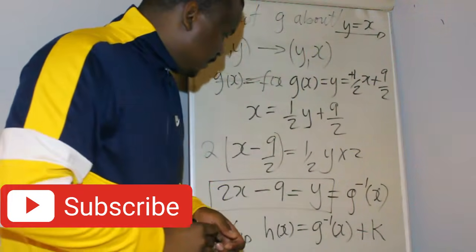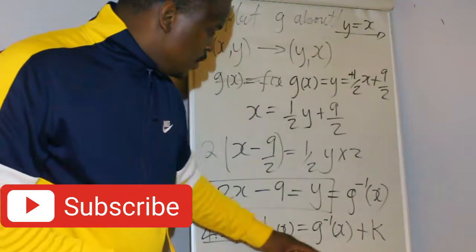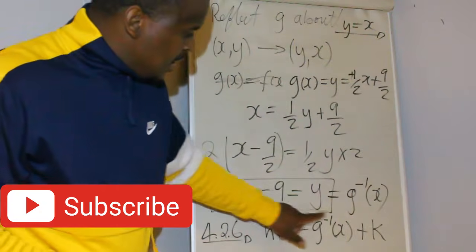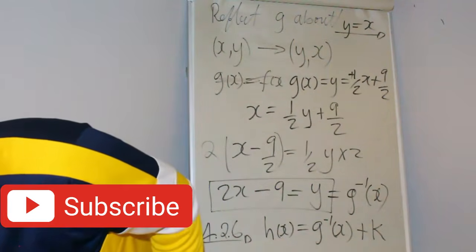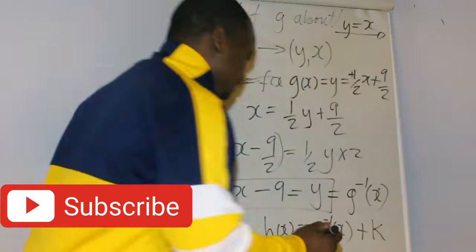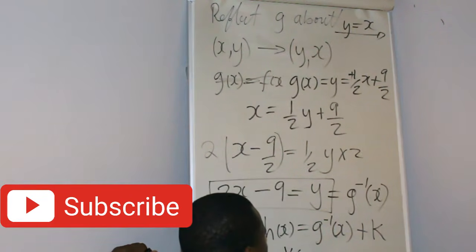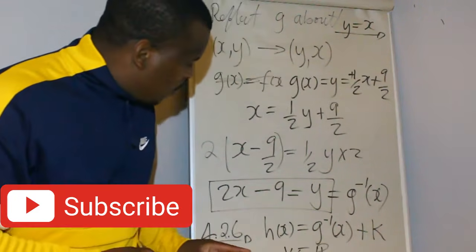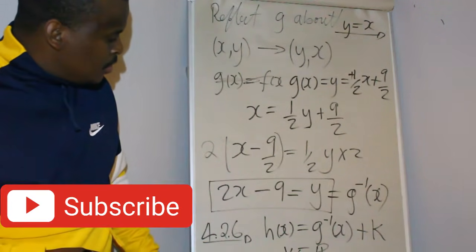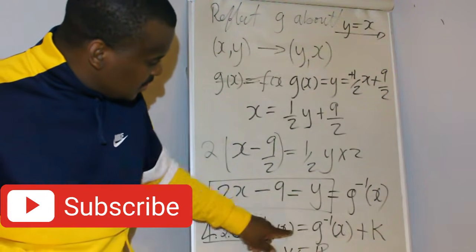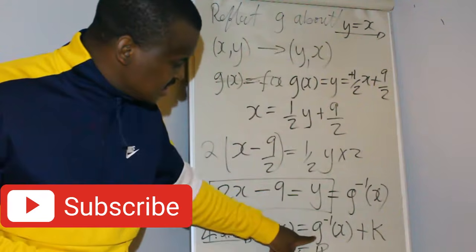You can see that this is a straight line, and k is a real number, a normal number.